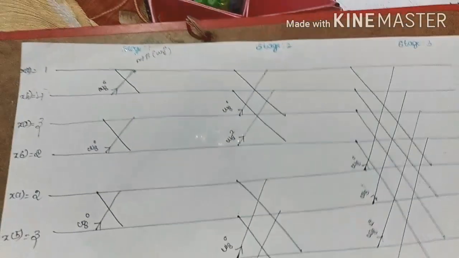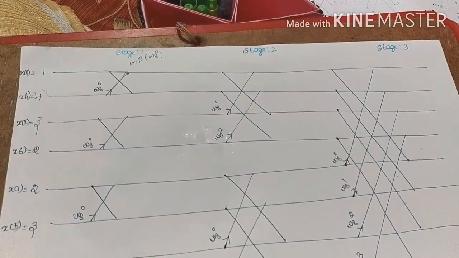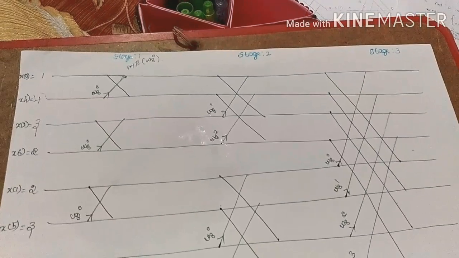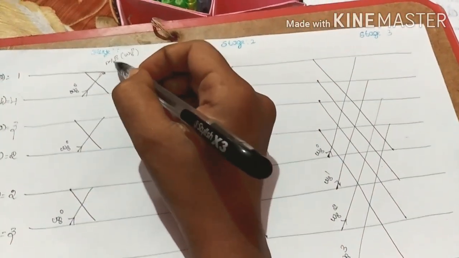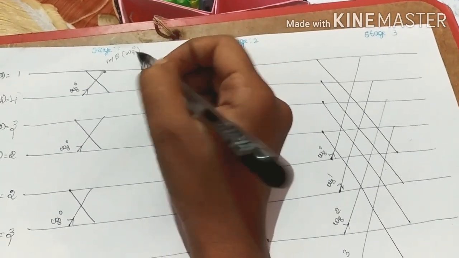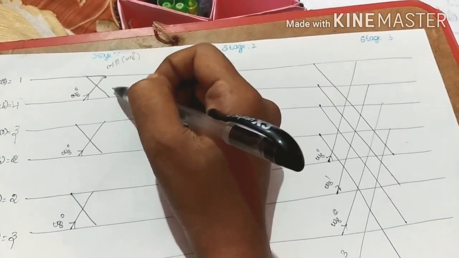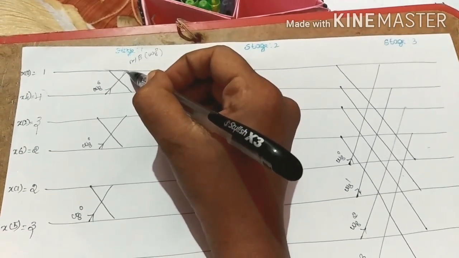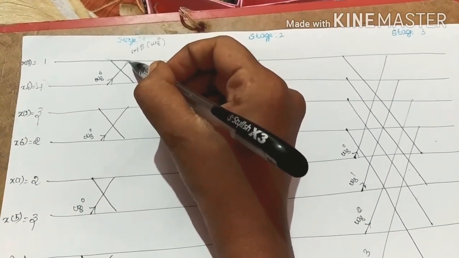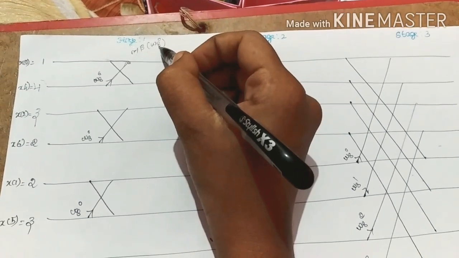We studied the basic butterfly diagram, where we saw that for the top output, our formula is A plus B into the Twiddle factor, and for the downward output it is A minus B into the Twiddle factor. So this point is our top point, so A plus B into W8 power 0.